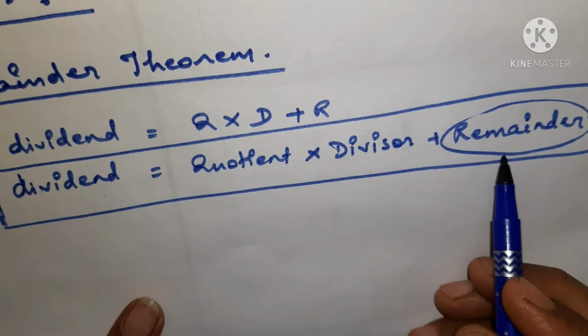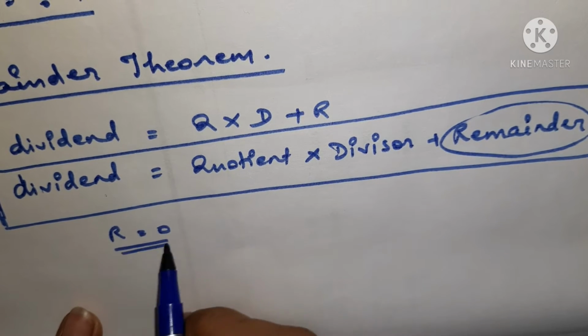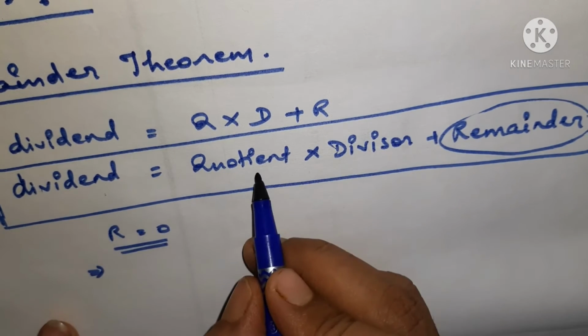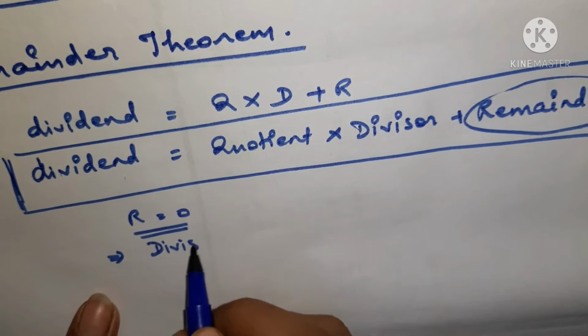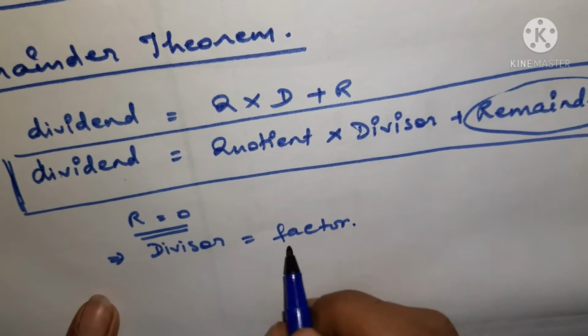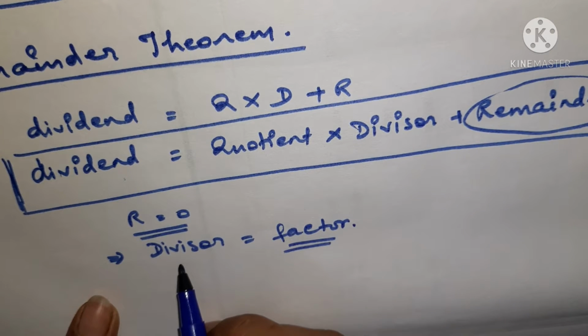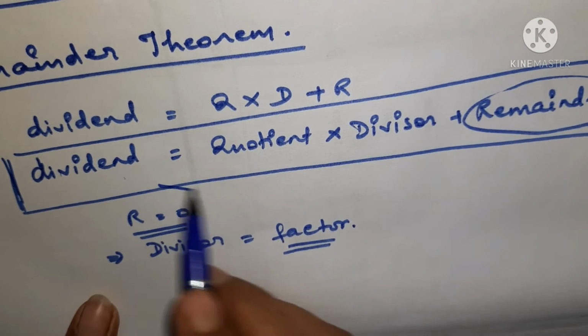If the remainder comes 0, we say that the divisor is an exact divisor, and it becomes a factor of the dividend.